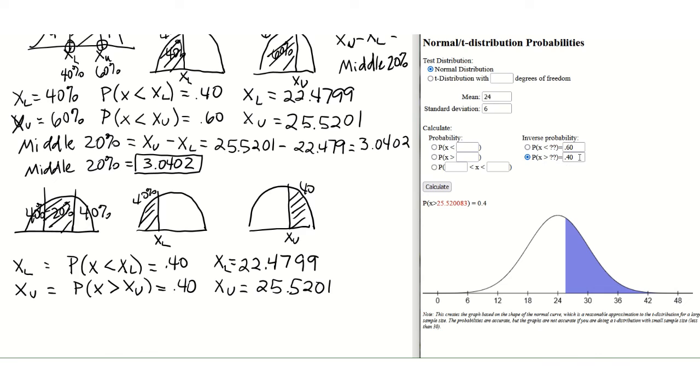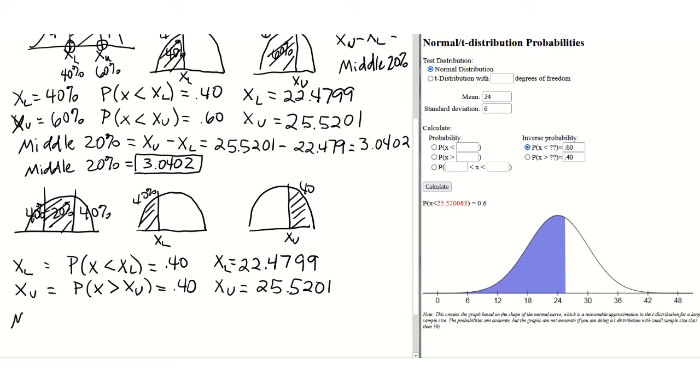So if I'm solving for the upper 40%, I'm going to use the second inverse probability where I'm solving for values that are greater than my x. If I'm solving for the values that are less than, I'm going to use this first one, and I'm going to get that 60. It's going to go from 0 to my value. But then you'll notice my numbers are exactly the same.